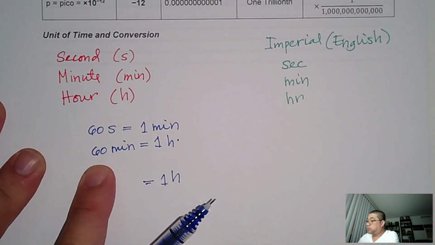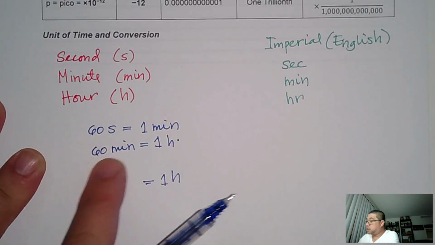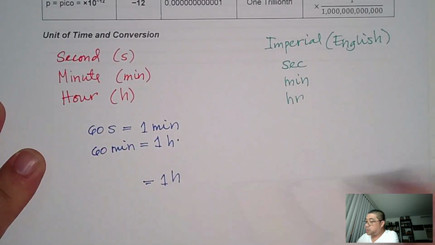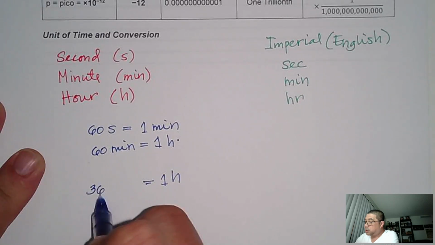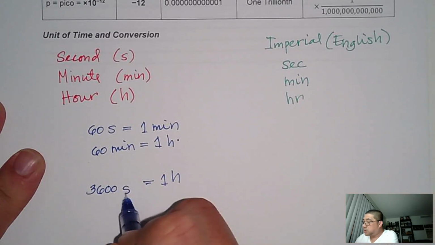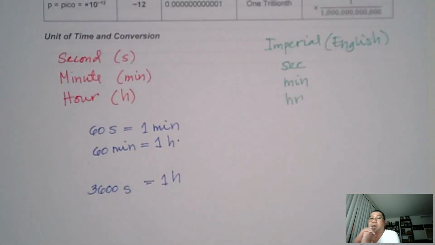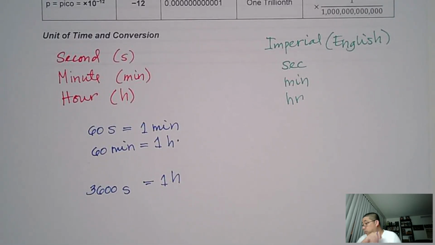All we have to do is multiply 60 seconds by 60 minutes. 60 times 60 will give you 3,600 seconds, which is equivalent to 1 hour. So this is your 1 hour of movement. In the succeeding page, I will go over quickly how to convert units. So let's pause for the meantime and move to page number 4.